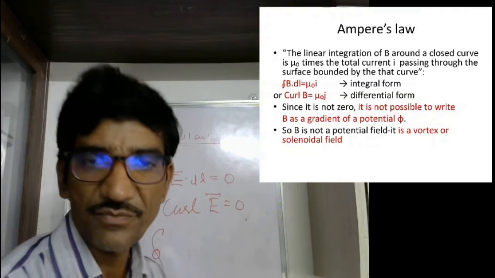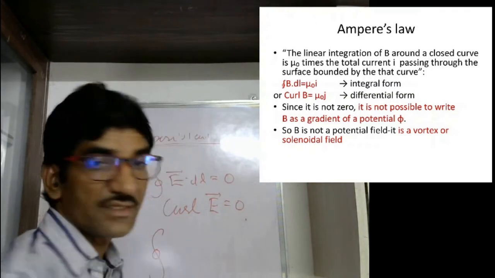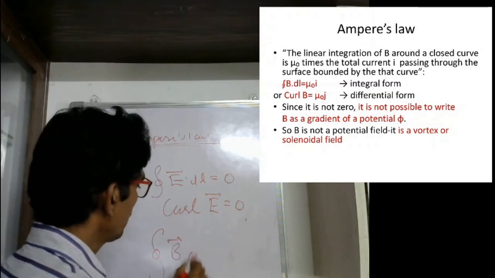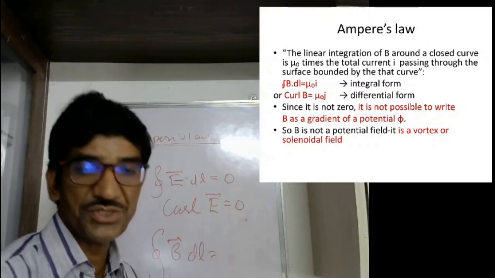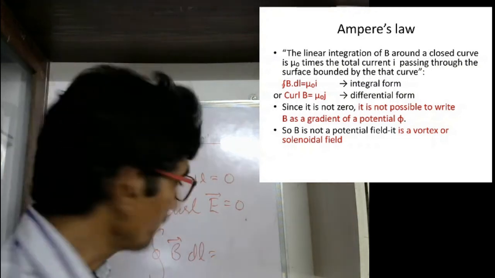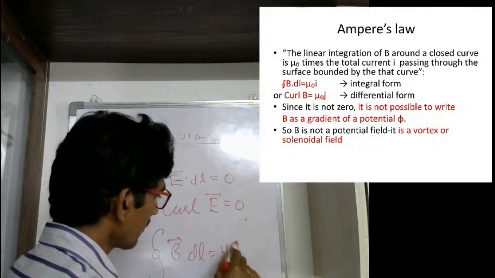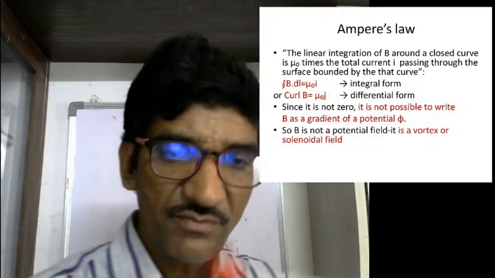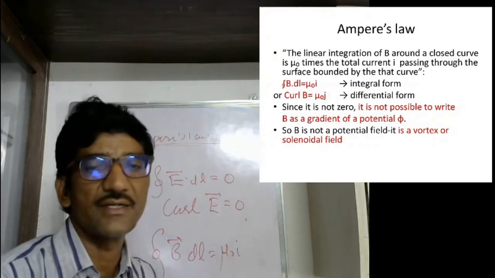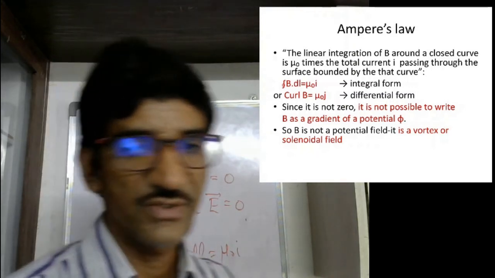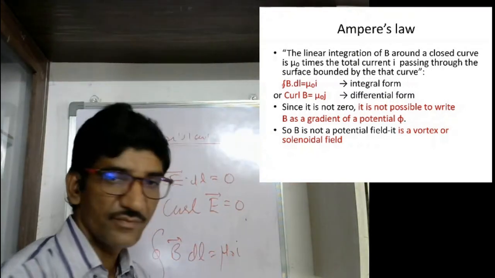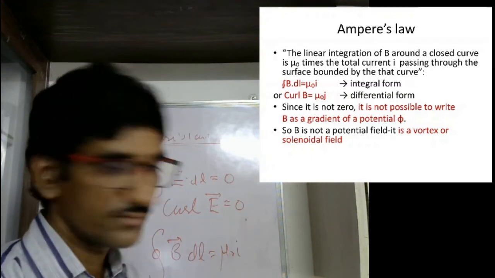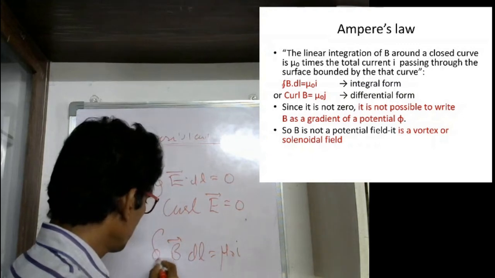If you take the line integral of B around a closed curve, it is equal to mu naught times the current linked with the area bounded by that curve, or the current linked with that curve.